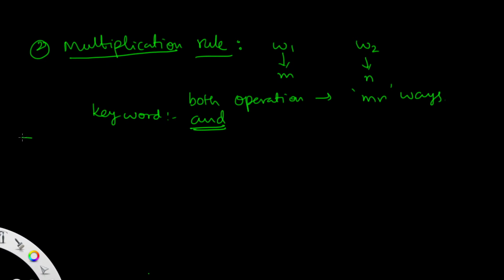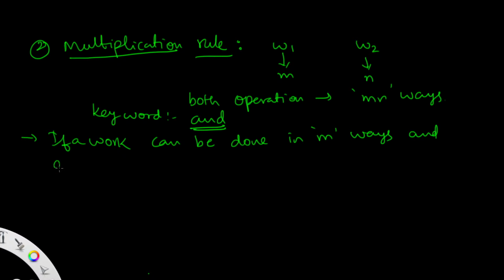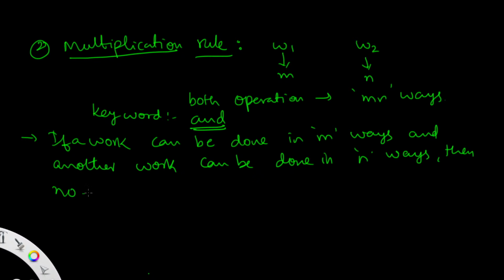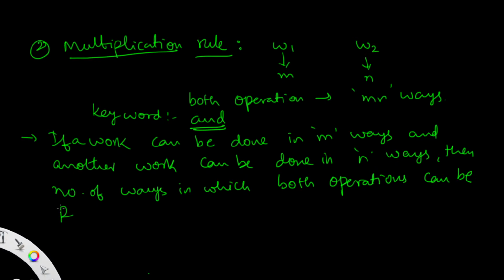In words we can write: if a work can be done in M ways and another work can be done in N ways, then the number of ways in which both operations can be done is mn ways.